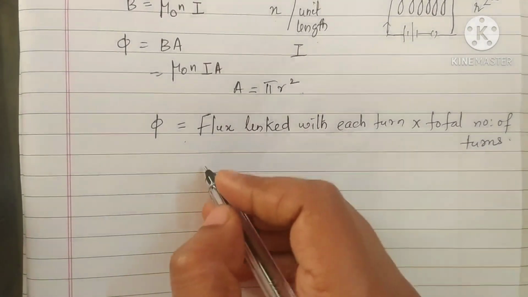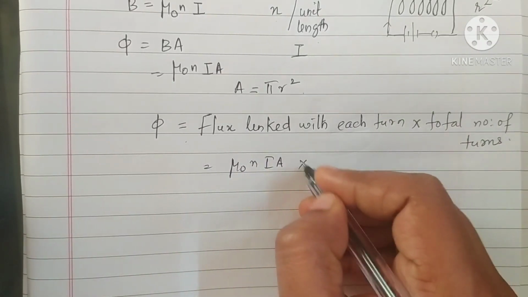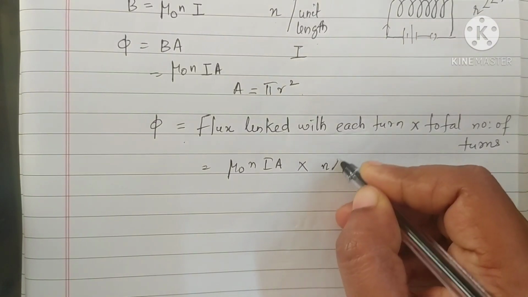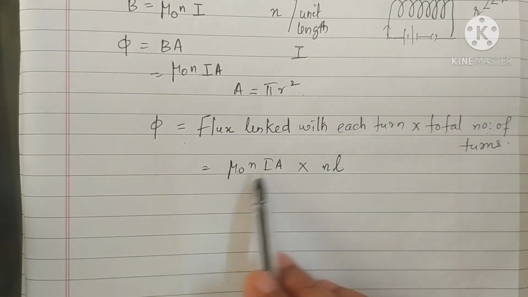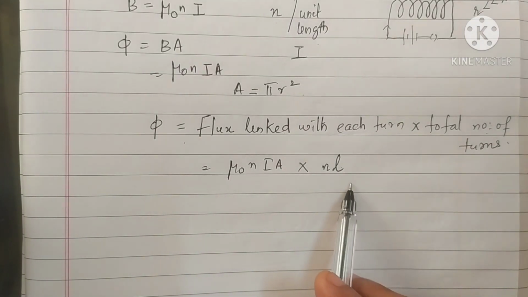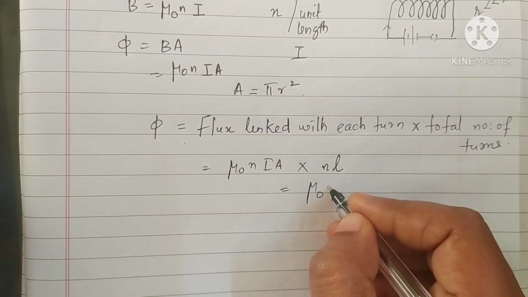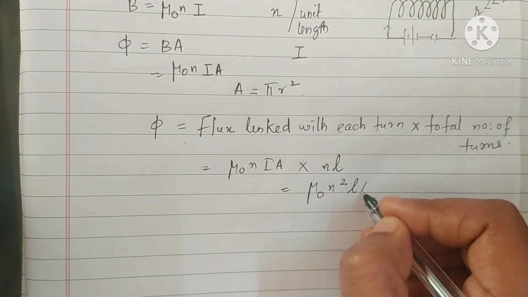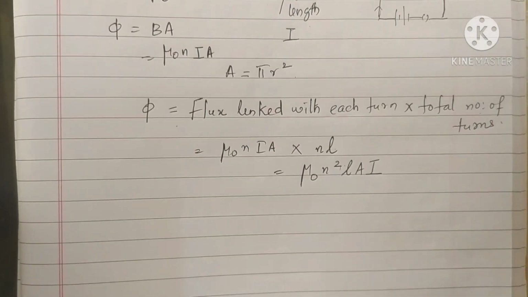That is, mu naught n I A into the total number of turns. You can find it as the number of turns per unit length into the total length, that is the total number of turns. So mu naught n I A into n L. Clear? So this expression will be mu naught n squared L A I.